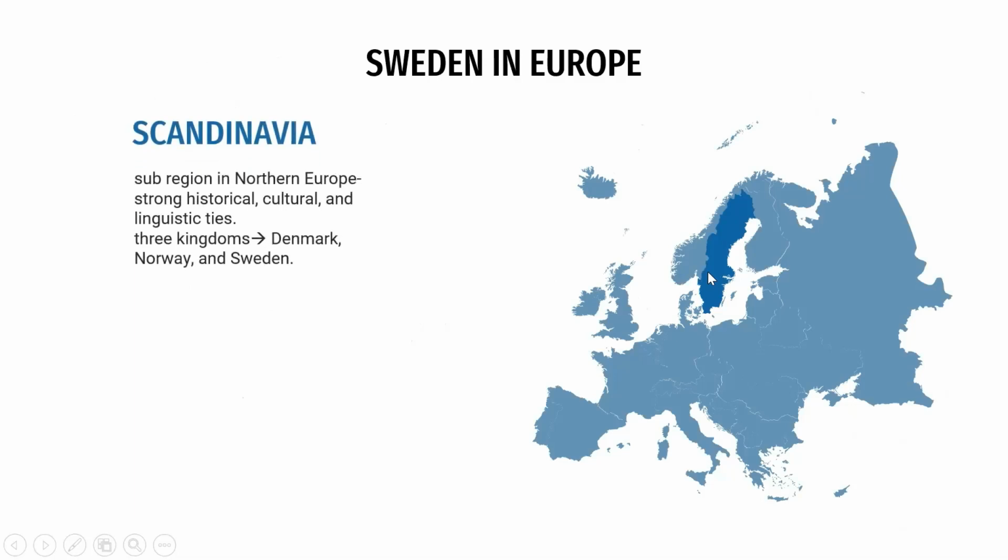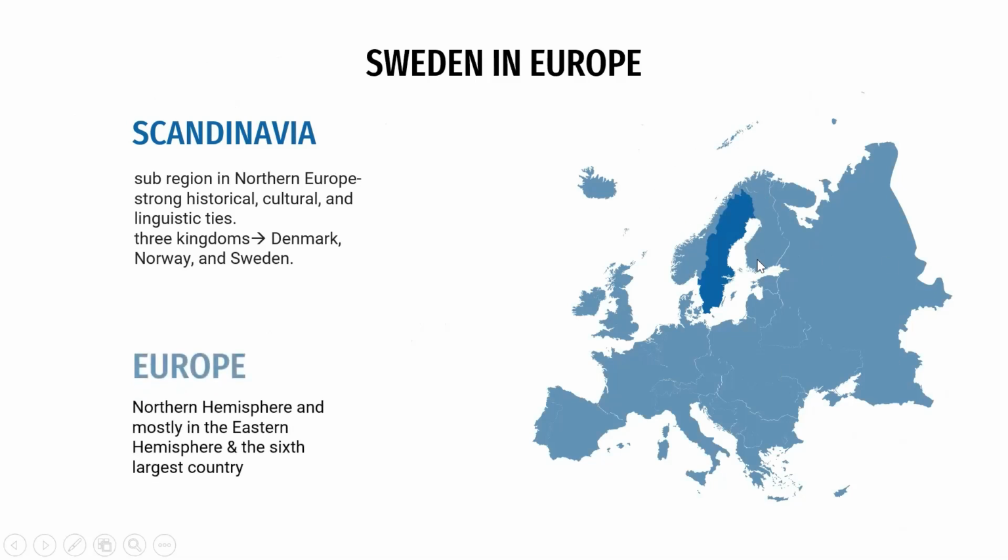As I told, it lies in Scandinavia. Scandinavia is a sub-region in Northern Europe. It mainly consists of three countries: Denmark, Sweden, and Norway. It lies completely in the northern hemisphere, and Sweden is towards the eastern side.